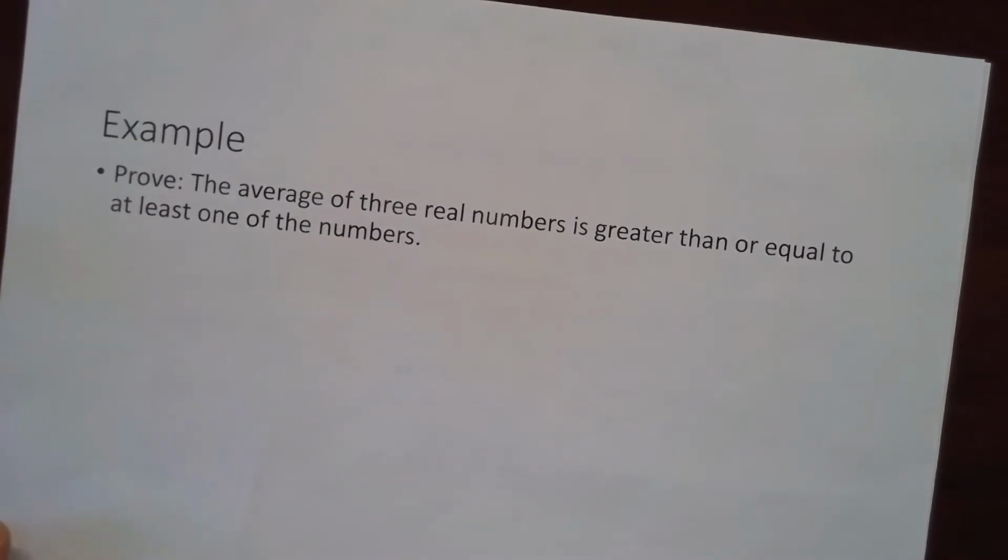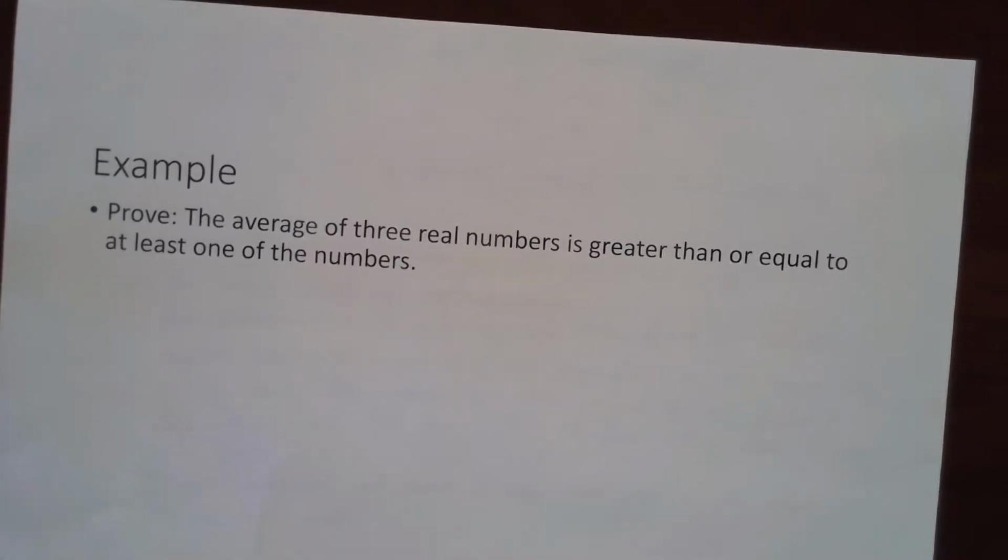Another good clue that you might want to use either a contrapositive or a contradiction is when your conclusion has a bunch of ors in it, because proving something or something or something is hard, but if you negate that, you get something and, where all of them have to be true at the same time. That's much easier to work with than the ors, where only one of them has to be true, but the other ones don't.